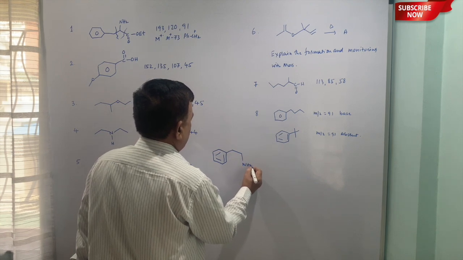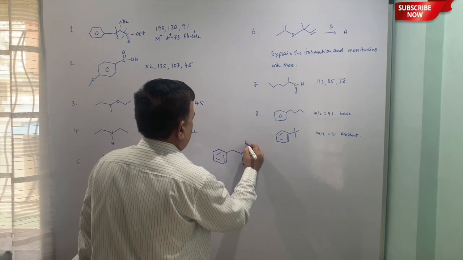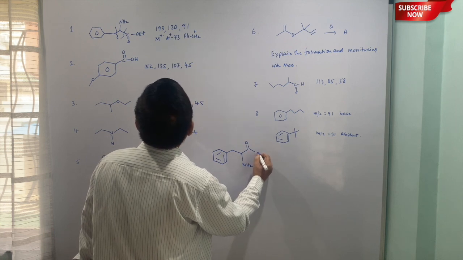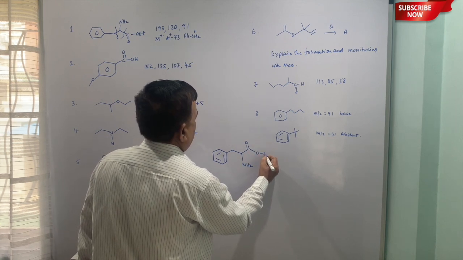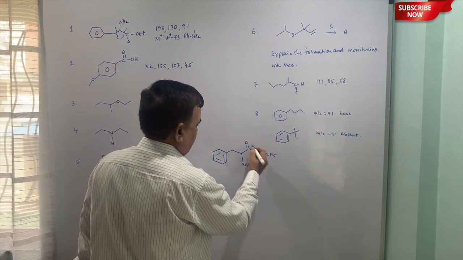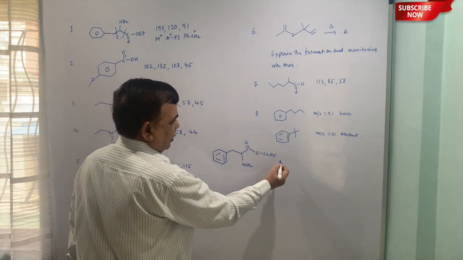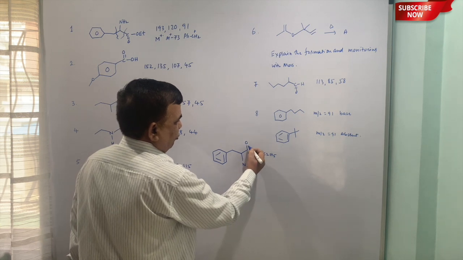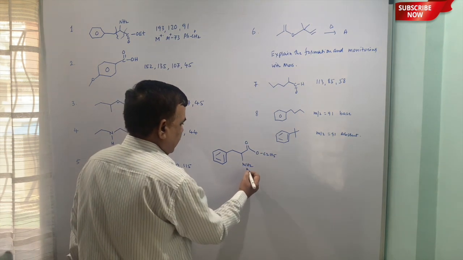So this is NH2, OEt. Okay, this is 72, 73. 28 plus 45, that is 73.